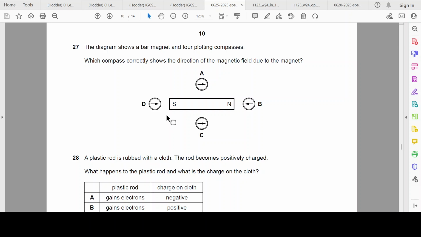So the only correct answer is D because the north pole of the magnet inside the compass is being attracted to the south pole of the bar magnet. The magnetic field line starts from north. When you place the compass at the north, the compass actually points away.